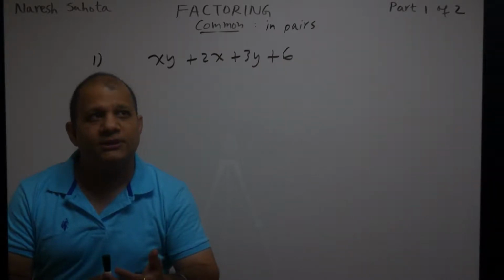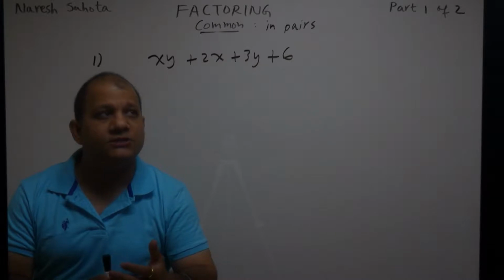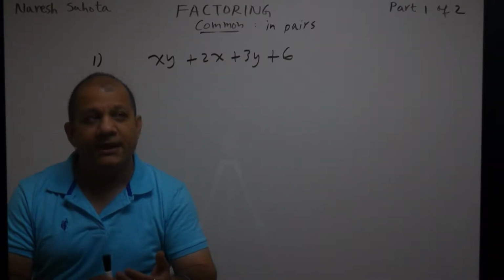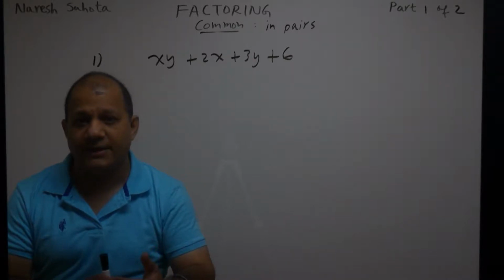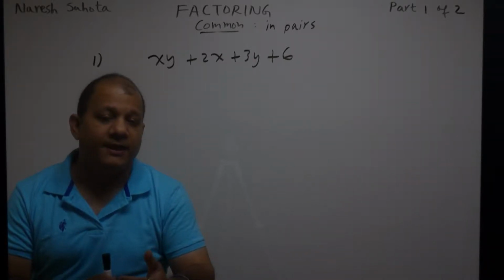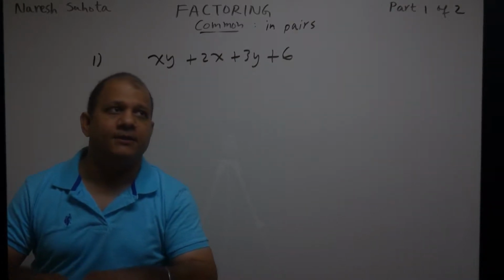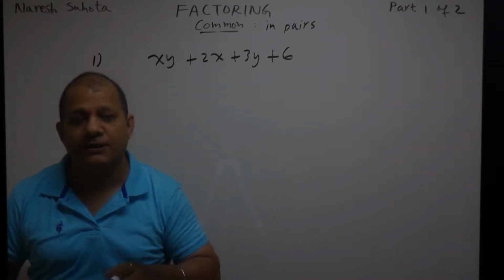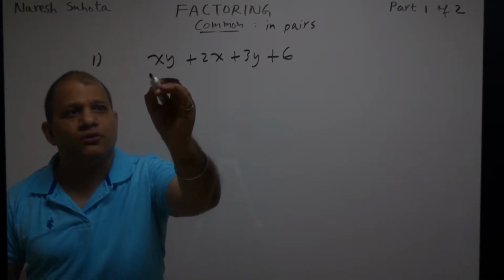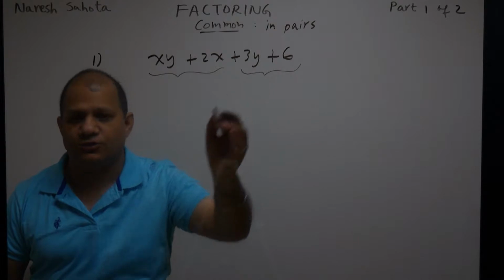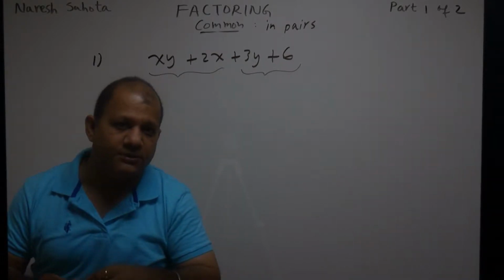So in this case I'm going to see if I can pair the terms, and then maybe I can common factor the pairs separately, and that will allow me to move further in completing my factoring. Maybe I can group the first two terms and the last two terms, so I'll have two pairs.